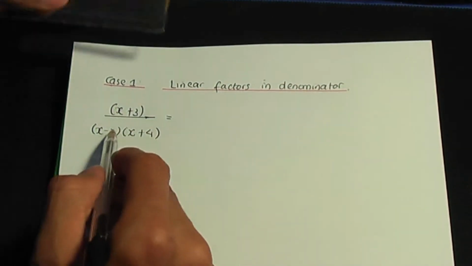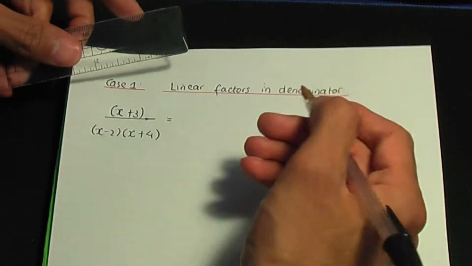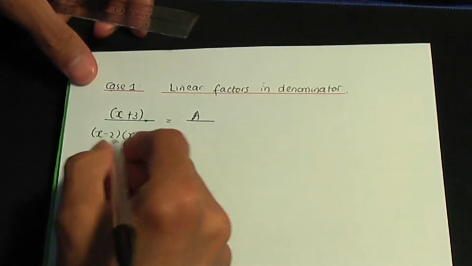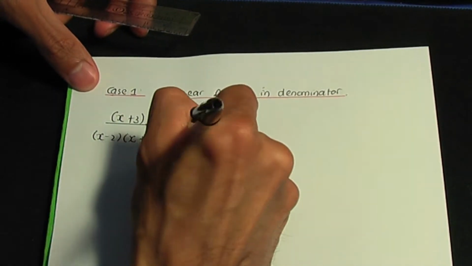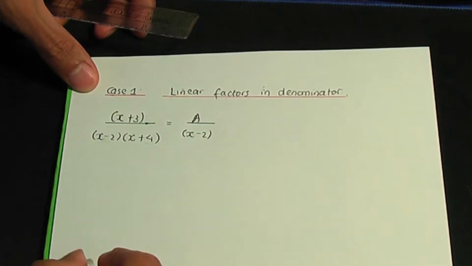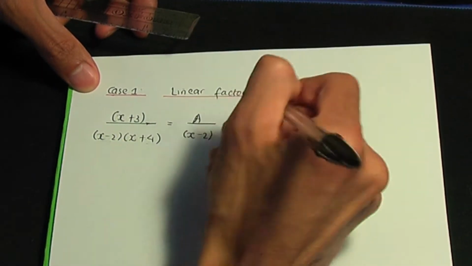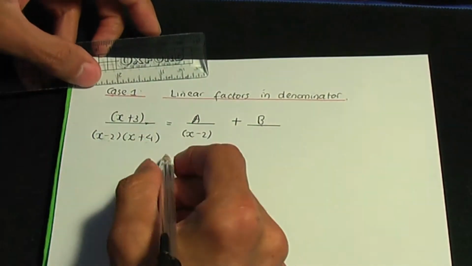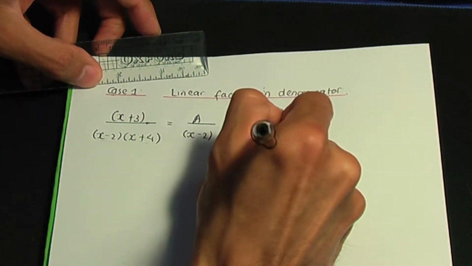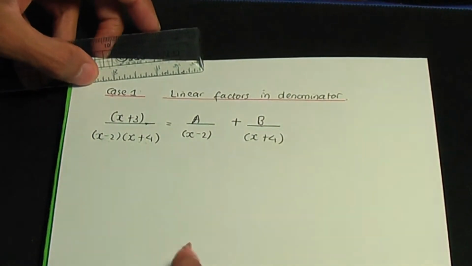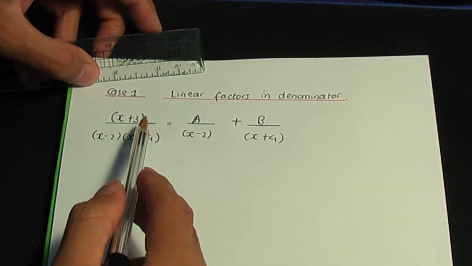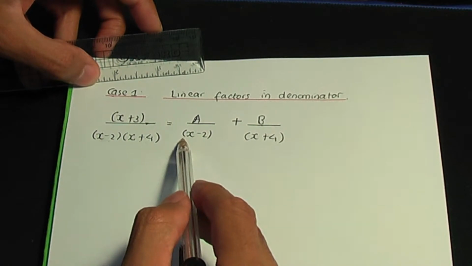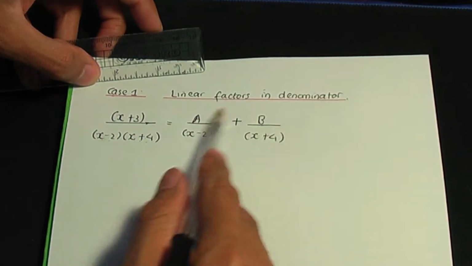Okay, so if you have linear factors, we could write this as a divided by one of the linear factors. So I'm going to take x minus 2, plus b divided by the other linear factor, which is x plus 4. Remember, partial fractions means taking a proper fraction and writing it as a summation of two or more fractions.